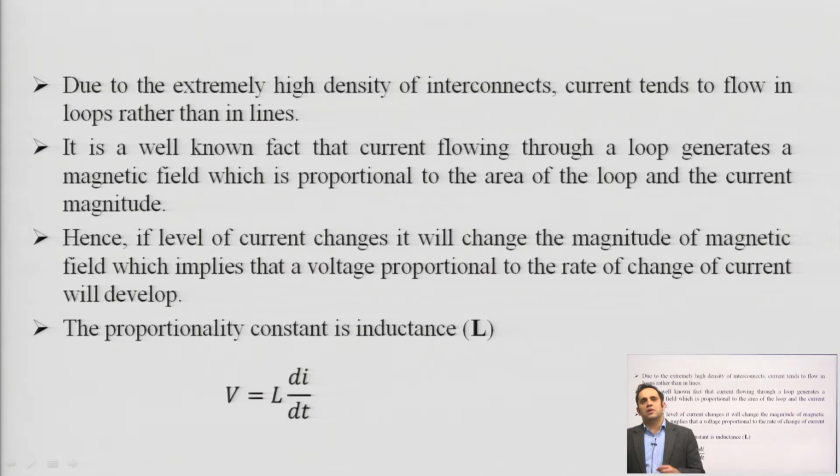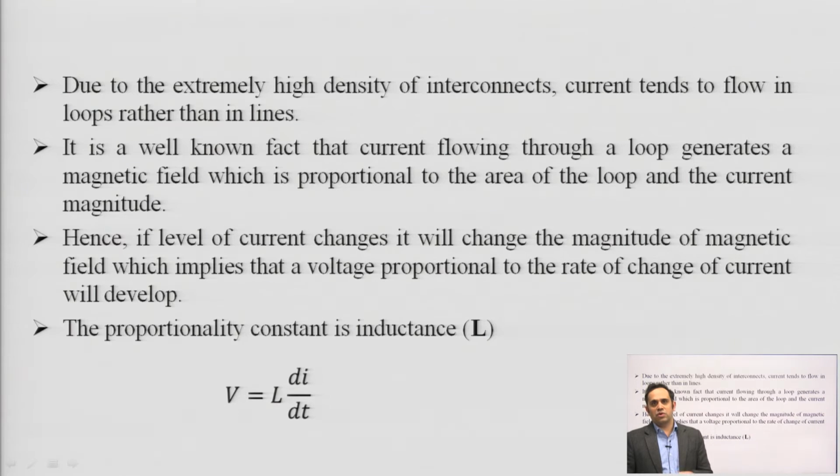Now, if the level of current changes, it will change the magnitude of the magnetic field, and hence the back EMF which it is producing is also going to change with respect to the rate of change of current.